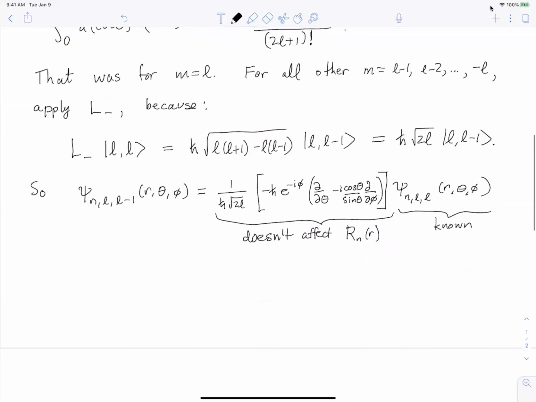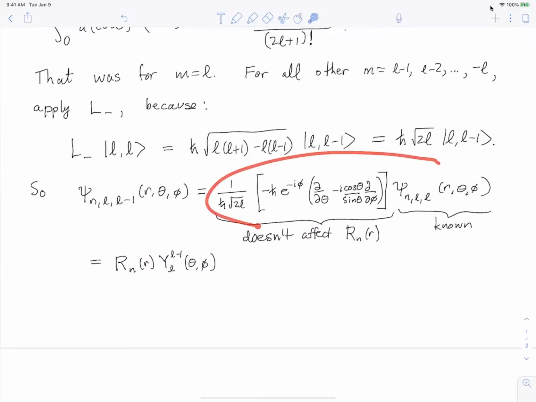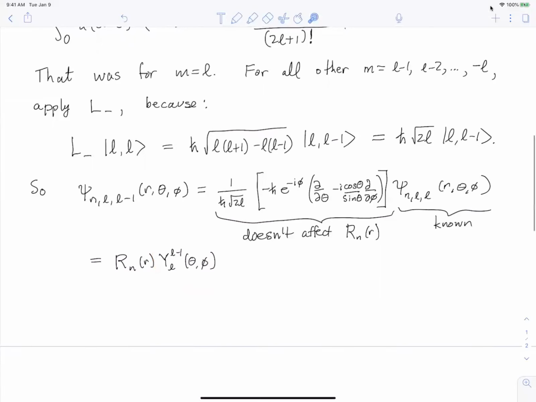And so this whole thing is just going to be the same radial function times Y L L minus 1 of theta and phi. Okay, and so now by comparing the known stuff here, we just have to take some derivatives, we're going to get the wave function with m equals L minus 1.